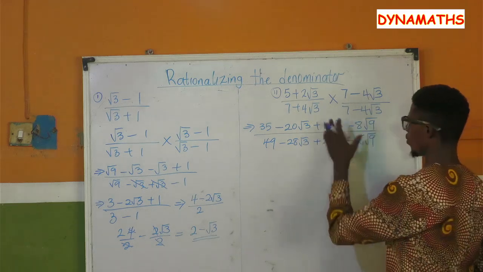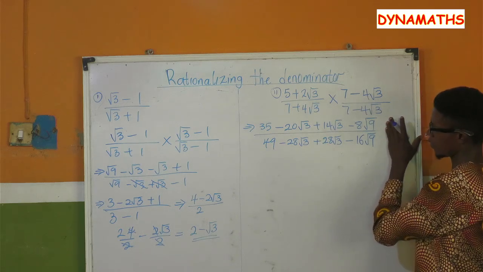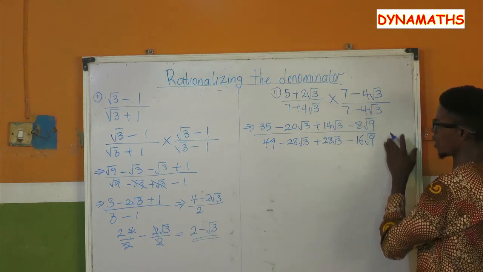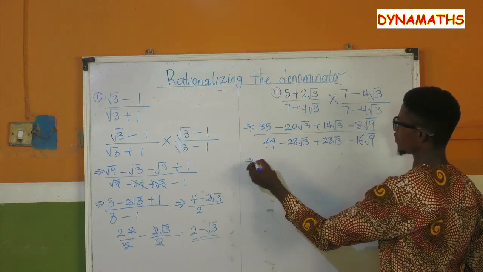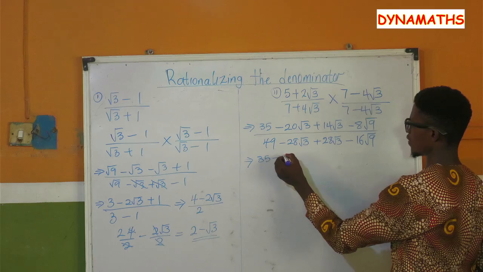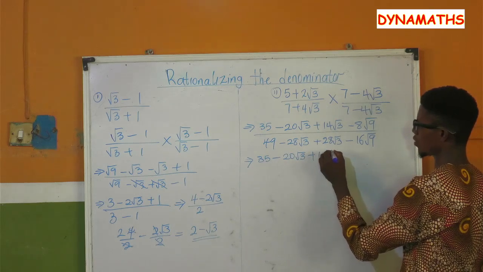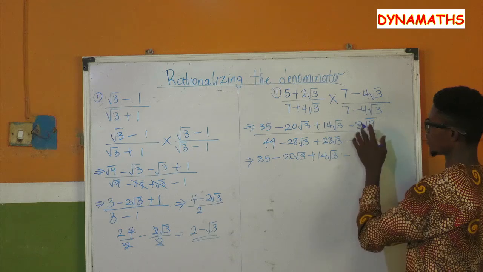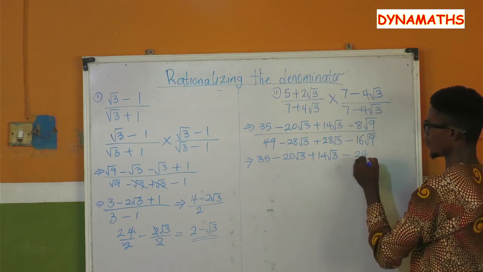So let's break down all of these expressions and collect. Let's take the values of the perfect square roots that we have here first. Then arrange them in like terms. So we are going to have 35 plus 14 root 3 minus 8. The perfect square root of 9 is 3. So 8 times 3 will give us 24.